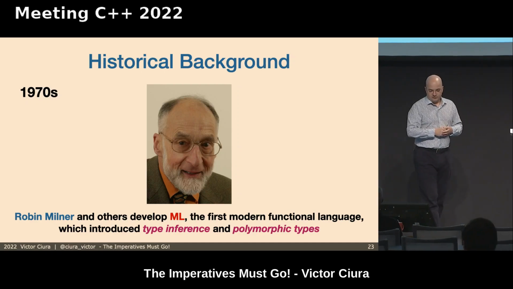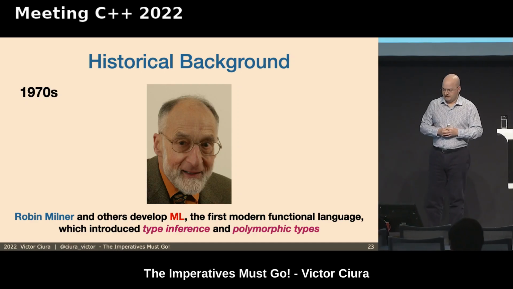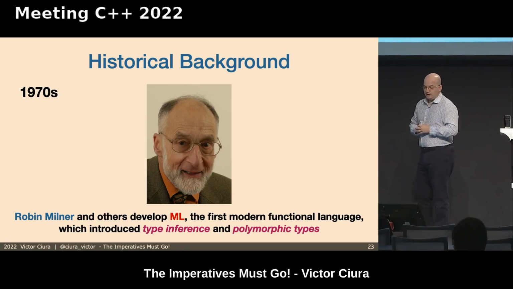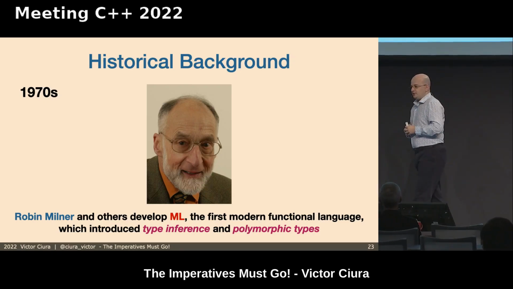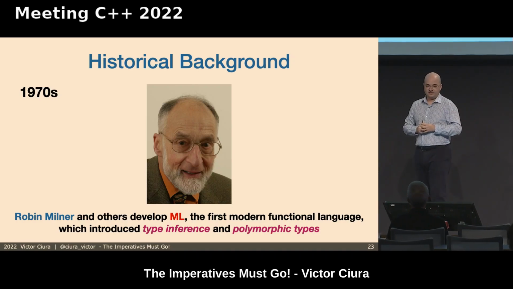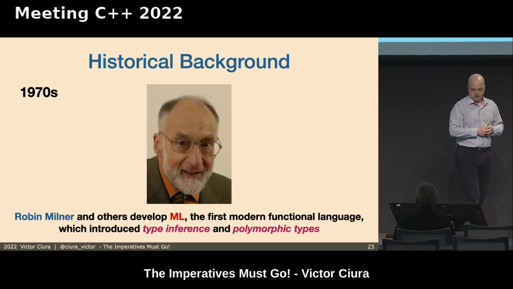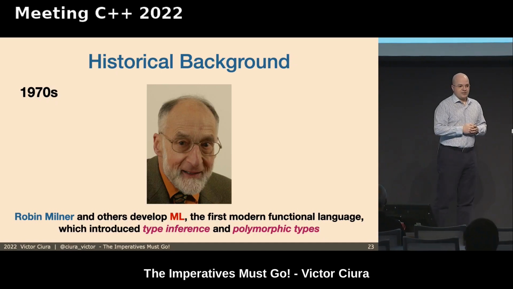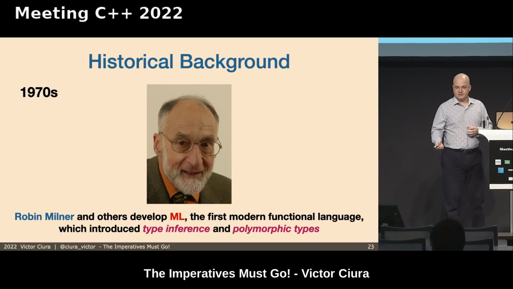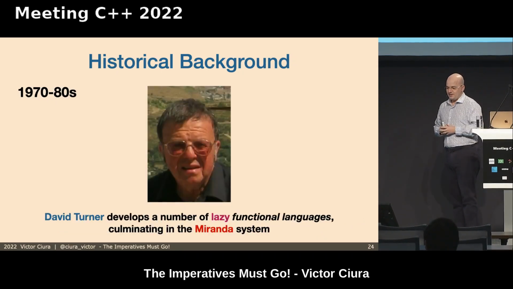In the 70s, Robin Milner develops ML, the first modern functional language, which introduced another concept, type inference, that we love today in mainstream programming languages. And of course, polymorphic types. These are no longer news.